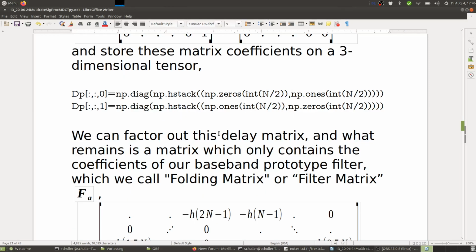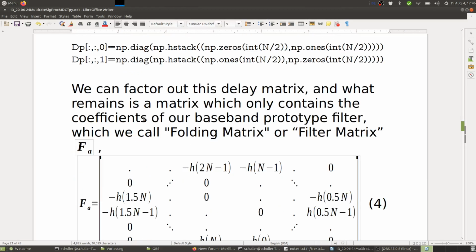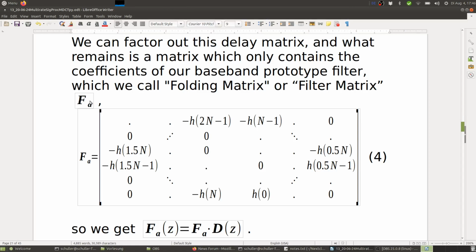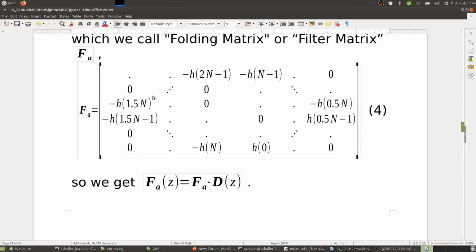So we can factor out this delay matrix, and what remains is the matrix which only contains the coefficients of our baseband prototype filter, which we call a folding matrix or filter matrix FA. Here we can see it without the z to the minus 1s.